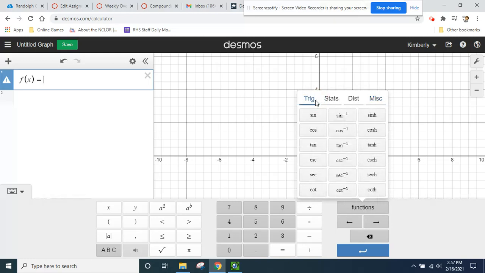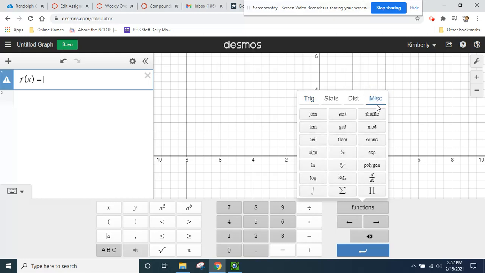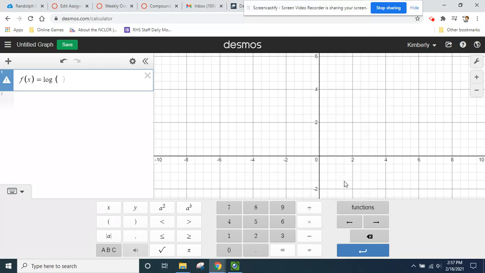Then it's probably on trig, would be my guess, when you click on that. And then you're going to click on miscellaneous, M-I-S-C, and then you're going to click on log base A. We're not going to use this log because this is the common log. This is the log base 10. We have log base 7 in this problem, so we want log base A.